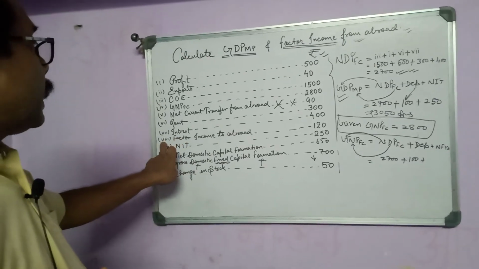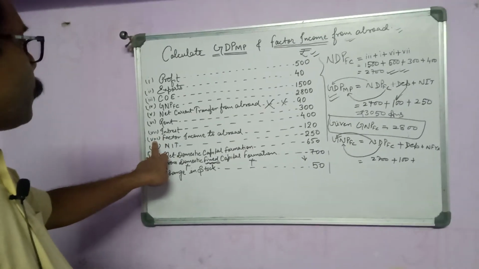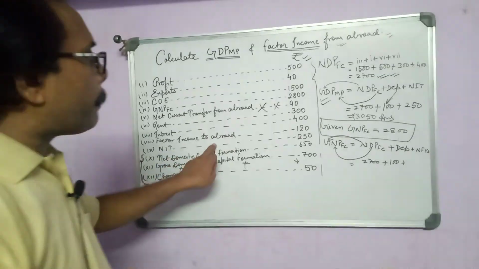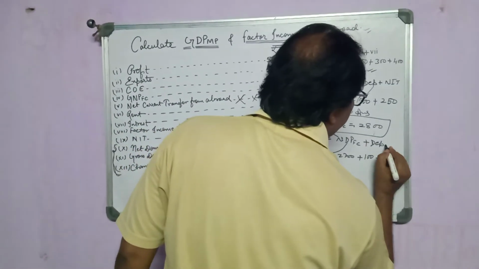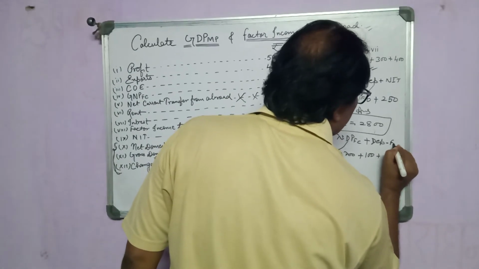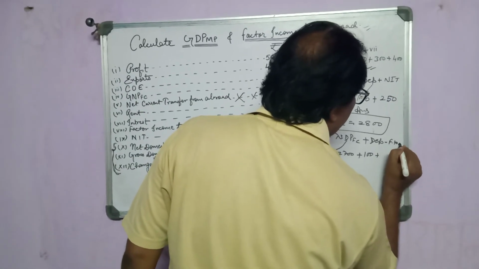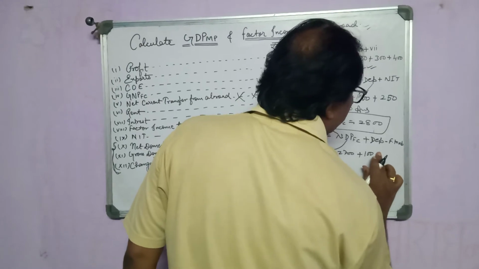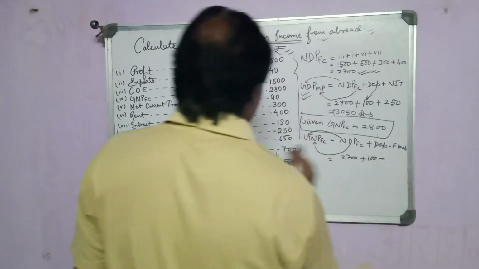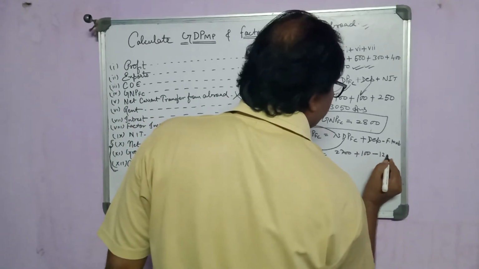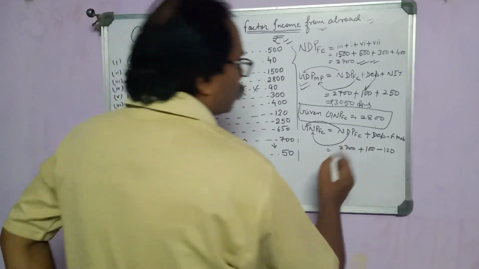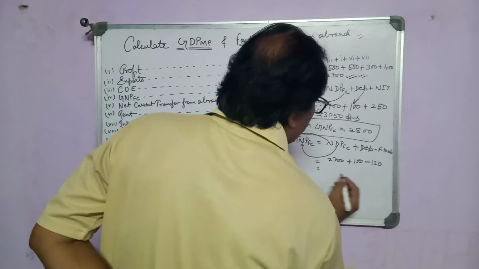Look at point number 8, factor income to abroad. If it is given to abroad, it means minus factor income to abroad. That will be subtracted, and it is 120. Is it clear?